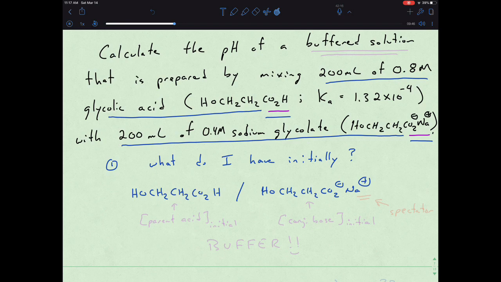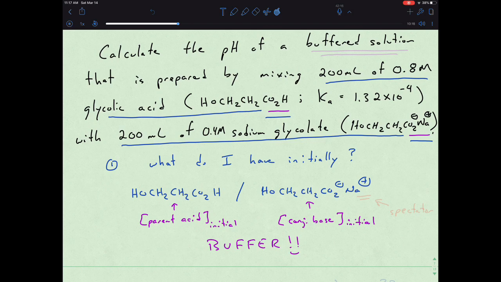So here is our parent acid, and we have an initial concentration of that. This is what we have initially. And then here, the sodium glycolate is our conjugate base, and we have an initial concentration of that as well. Both of those together tell us we have a buffer.